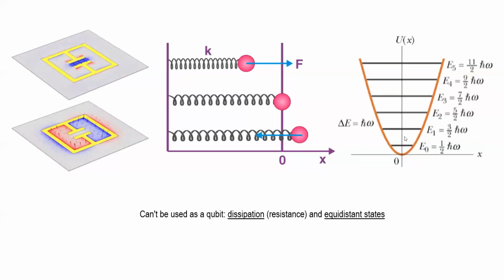Okay, and unfortunately, these states of a resonator cannot be used as a qubit for two main reasons. One is the dissipation, like resistance in an LC resonator, or some kind of friction in the mechanical case. So this is first, dissipation. The energy dissipates.